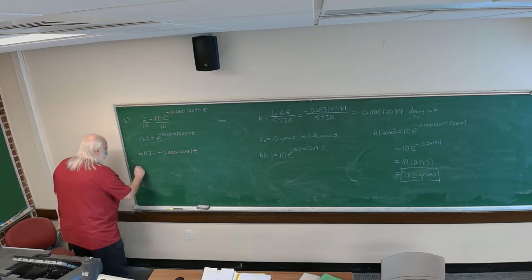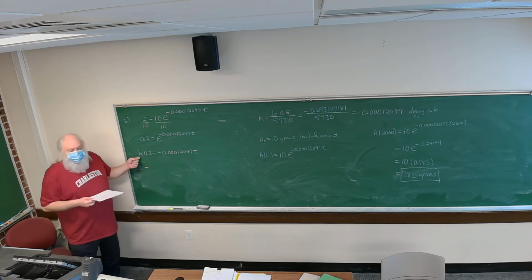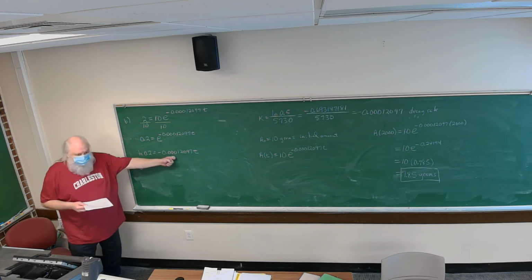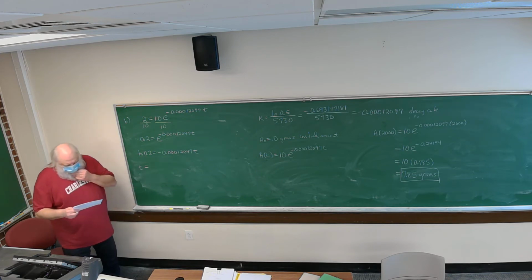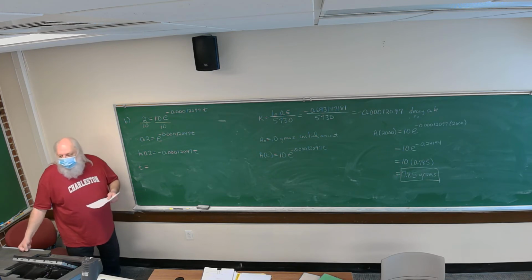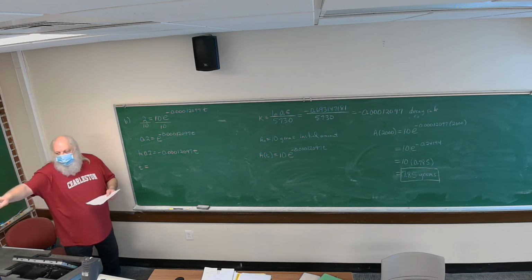And so, solve for t. Take the natural log of 0.2 and divide it by this decimal, and you get the value of t. Anybody get an answer? Raise your hand if you got an answer for t. Miss Deal.